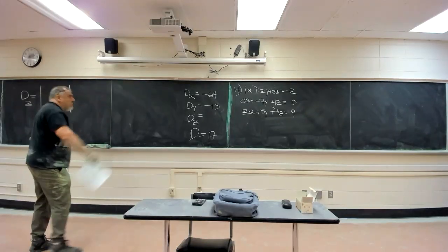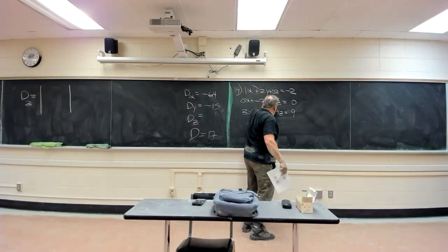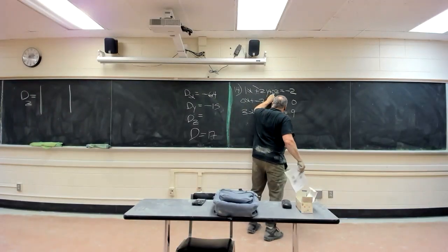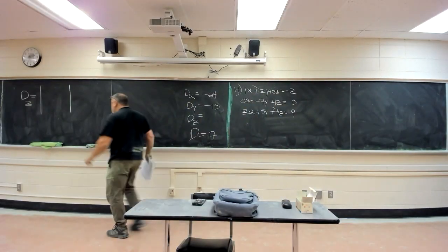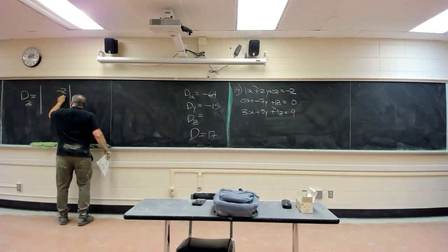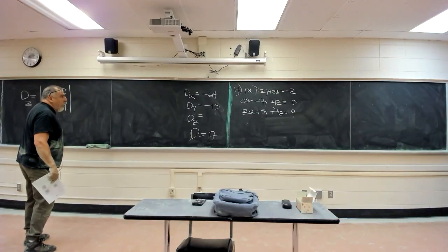Take the z column, the 0, 1, negative 4, get rid of it, and put negative 2, 0, 9. Then you got 1, 0, 3.